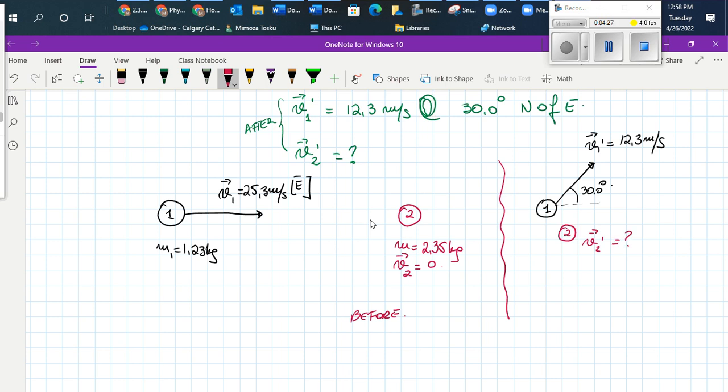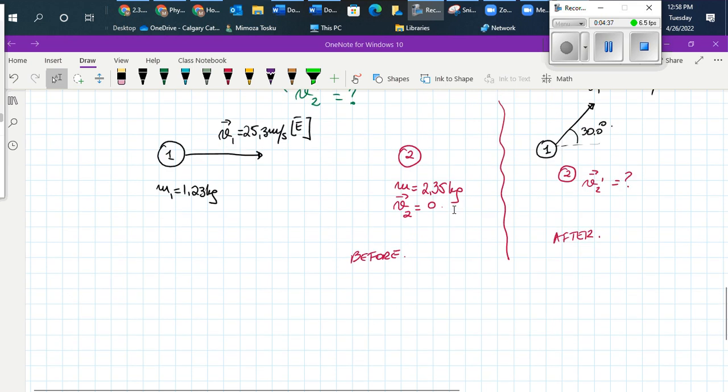So now the assumption here is that the system is an isolated system. How do we know that we have the right to make this assumption? Because the velocity of object 2 after the collision is not given to us, and we know that in those cases, we will assume that we are dealing with an isolated system.